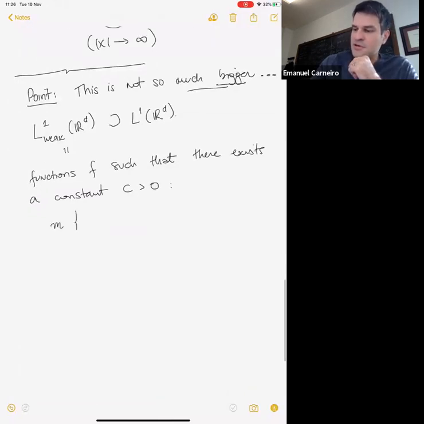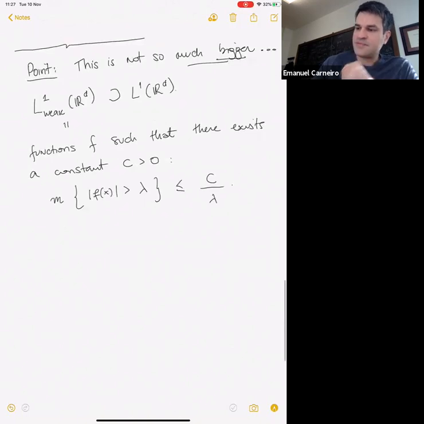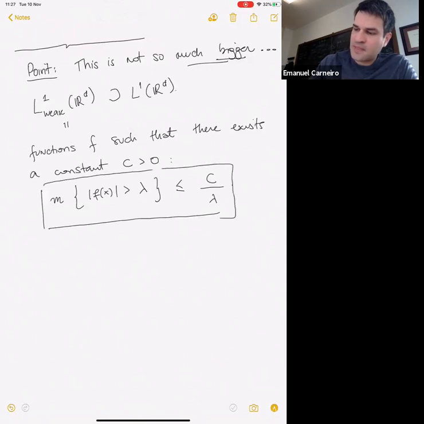The measure of the set where f is bigger than, say, lambda is less than c over lambda. So this is the space we call L1 weak.